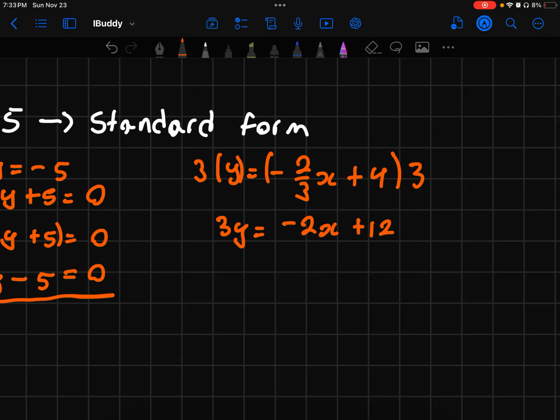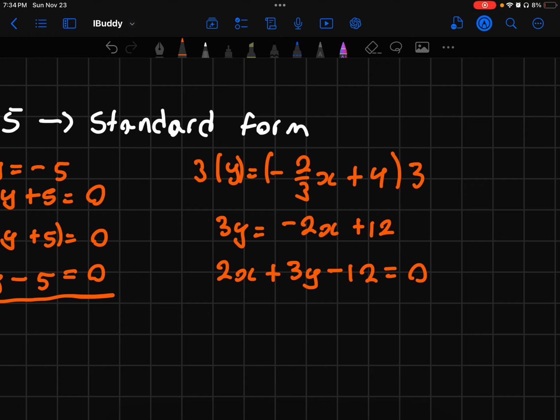Now we'll move x to the left. So this will turn into 2x plus 3y, and we'll also move the c value to the left, minus 12 is equal to 0.